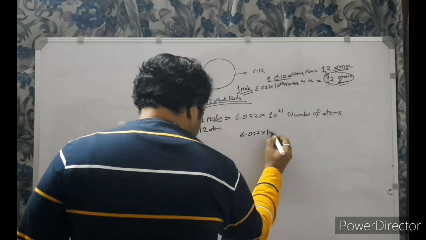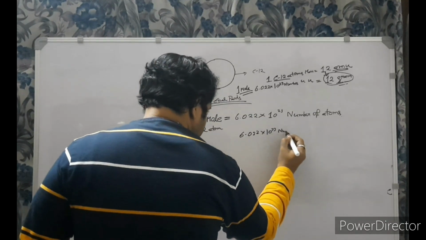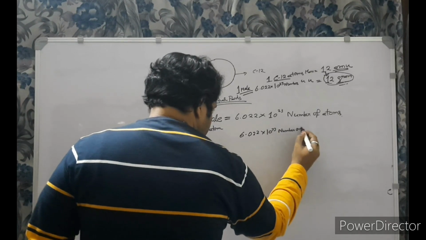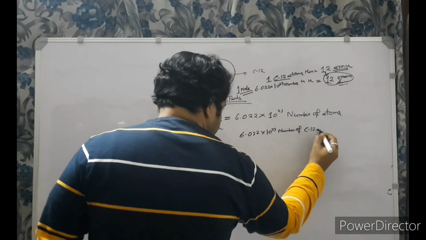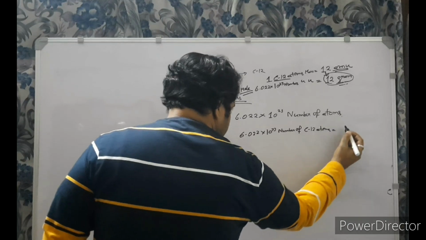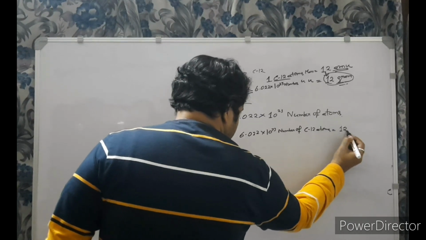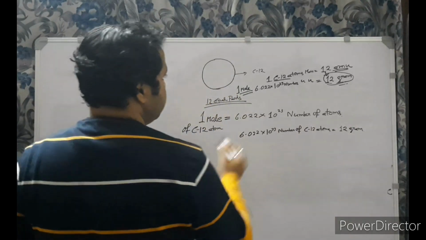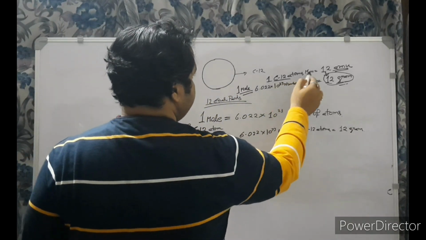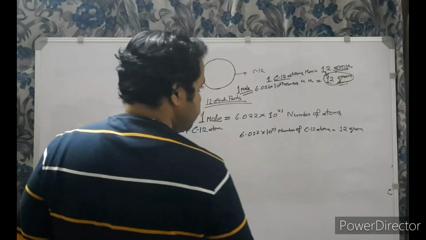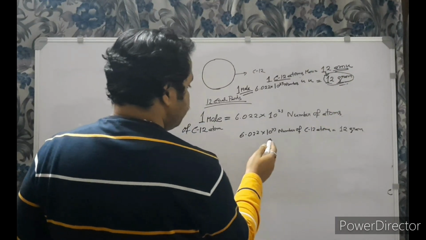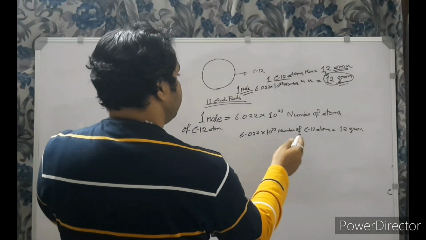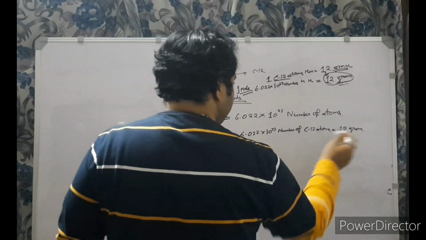6.022 into 10 to the power 23 number of C12 atoms has a mass of 12 gram, right? Why? One C12 atom's mass is 12 AMU, right? So 6.022 into 10 to the power 23, or Avogadro number of C12 atoms, would be 12 gram.